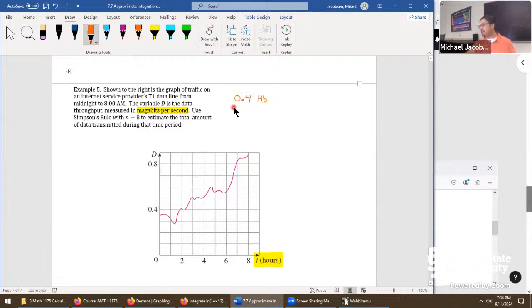So 0.4 megabits per 1 second. We need to take this into minutes. So 60 minutes per 1 second. I don't do a lot of this kind of work. I skipped all chemistry classes and physics classes as an ISU student, so this is foggy work for me sometimes. Next, it's 60 minutes for the 1 hour.